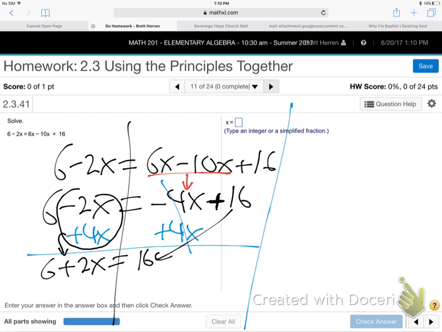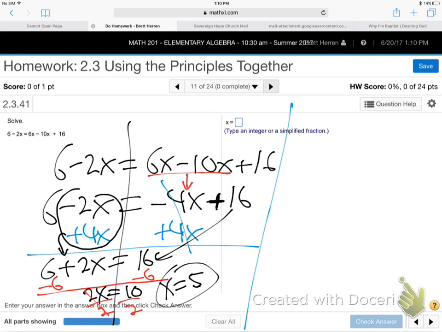And then what do you do from there to finish getting x alone? Subtract 6. So 2x is 10. Last step to get x alone, divide by 2. x is 5, right?